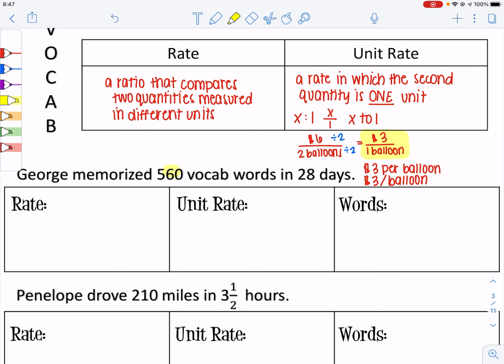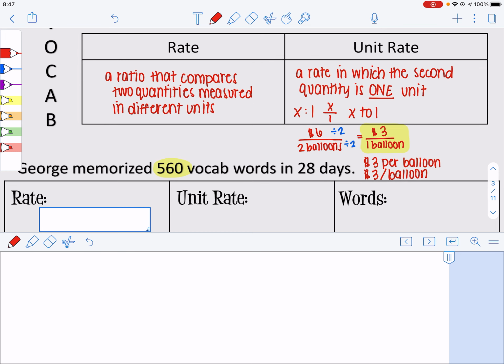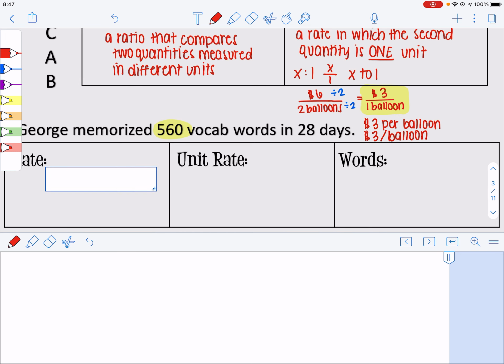So George memorized 560 vocab words in 28 days. So if I want it as a rate, that just means write it as a fraction. And again, typically we see these as fractions. So sometimes I'll say write it all 3 ways. If I don't say that, then you can just write it as a fraction.